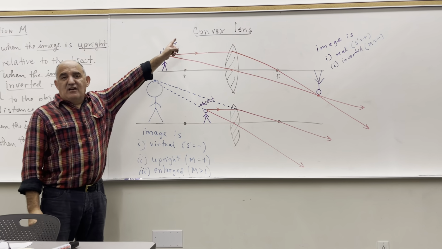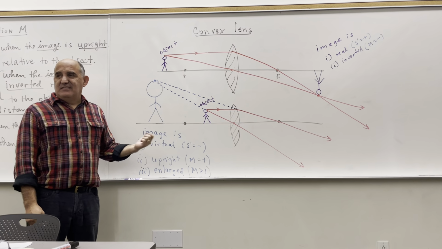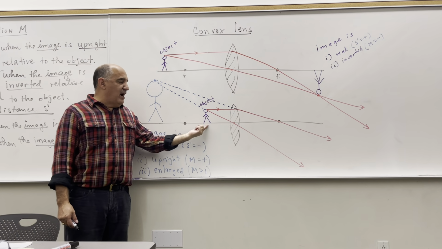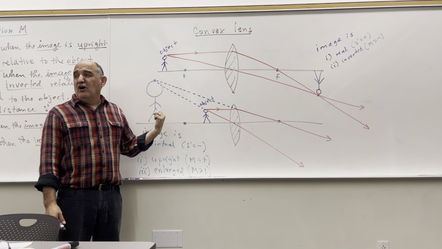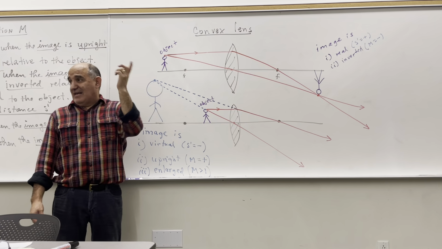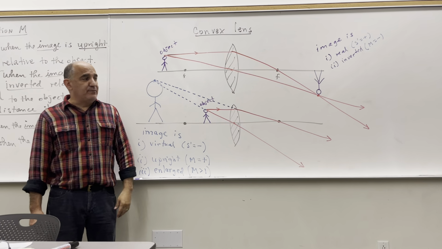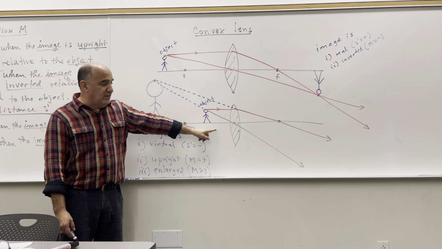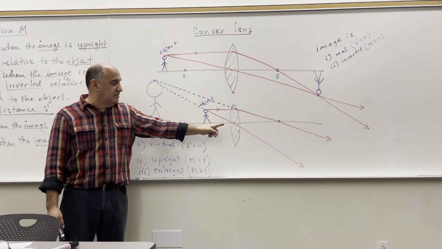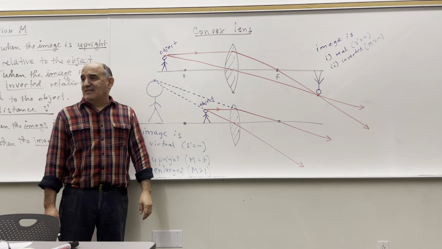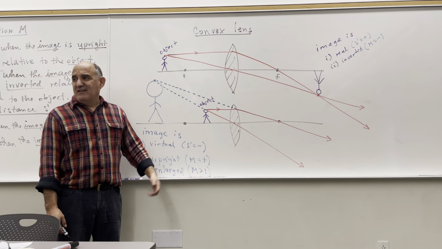When you use a convex lens like this, where you want to see an object, and maybe the object is small, and you want to see it enlarged, and not upside down, you want to see it upright, then the lens acts like this: when you place the object between the focal point and the lens, this lens acts as a magnifying lens.